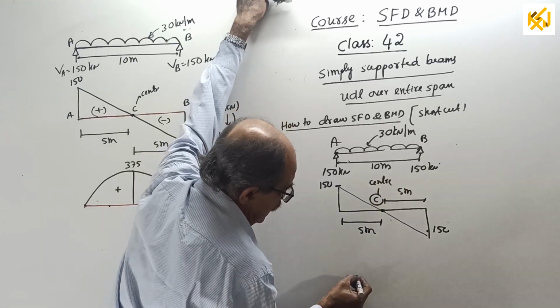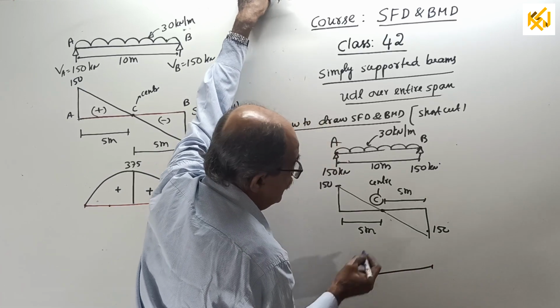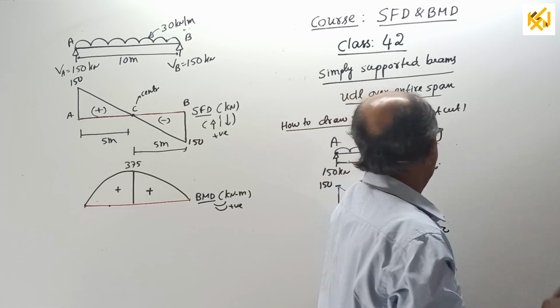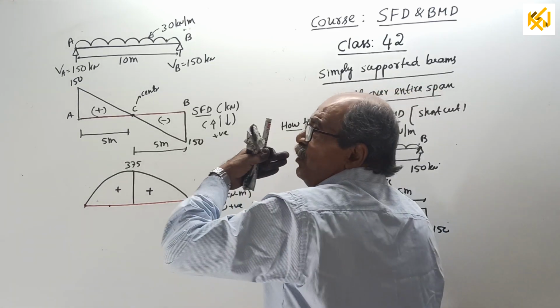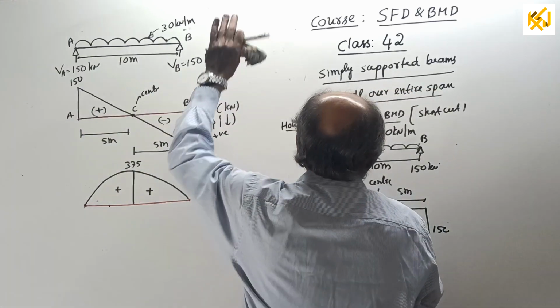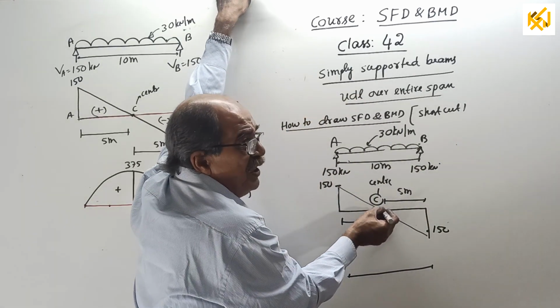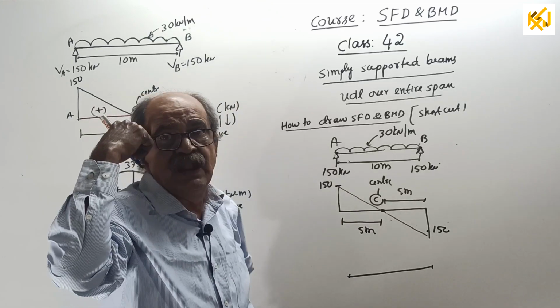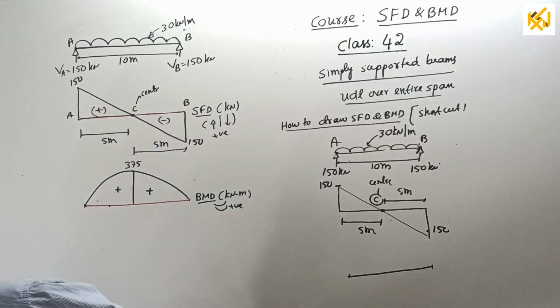Then draw BMD directly. Bending moment at B, look this side, 0. Bending moment at A, look this side, 0. Bending moment at center, where SF is crossing baseline, look this side. You should mentally calculate or take your calculator if you want to write.